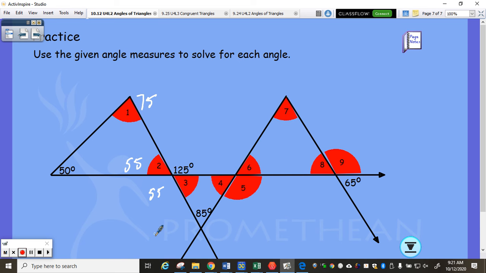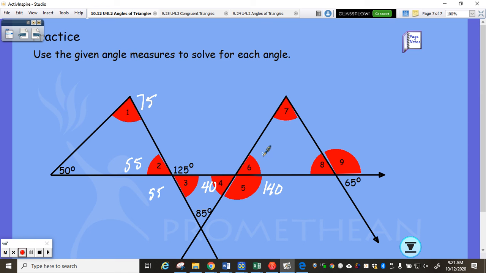All right, so what does that make angle 4? 40. Because if I add up 55 and 85, we get 140. 180 minus 140 is 40. All right, so 4 and 5 are a linear pair. What is angle 5? 140. 4 and 6 are vertical.